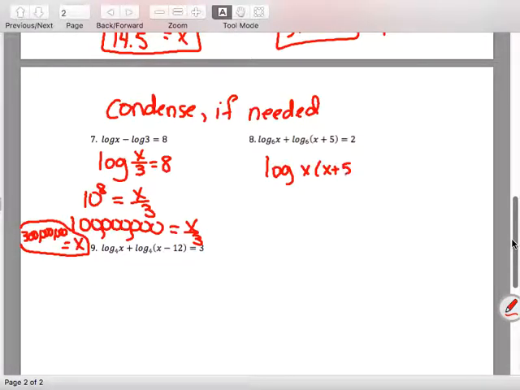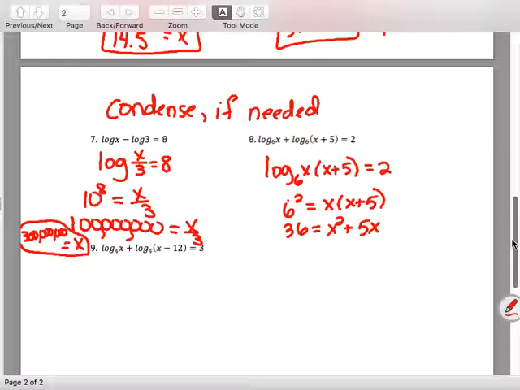All right, so here we go. You're going to condense this. The sum of two logs is the product property. Then I'm going to go from logarithmic form to exponential. So this is 36 equals x squared plus 5x.